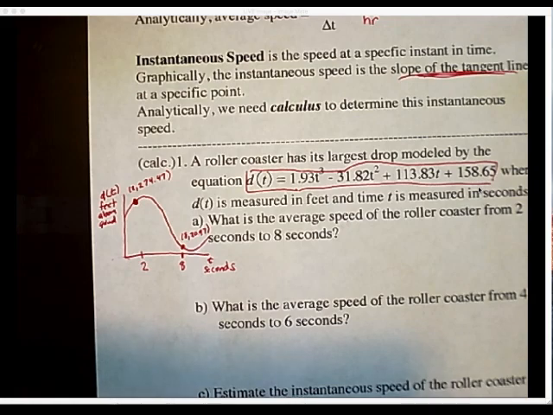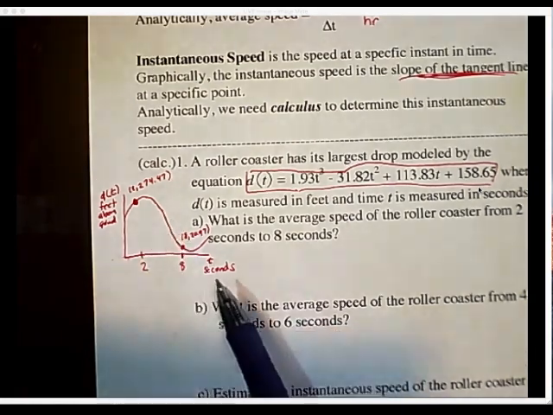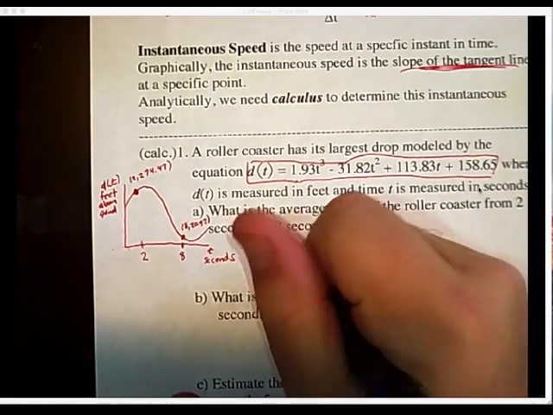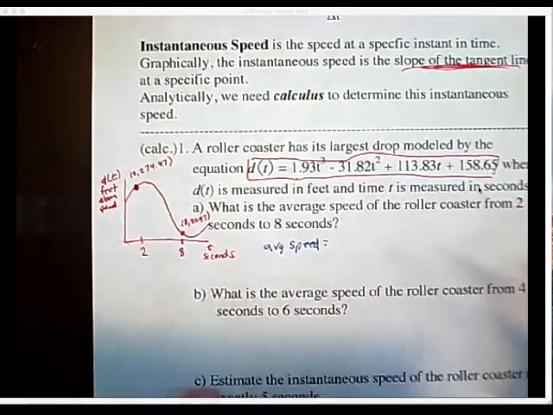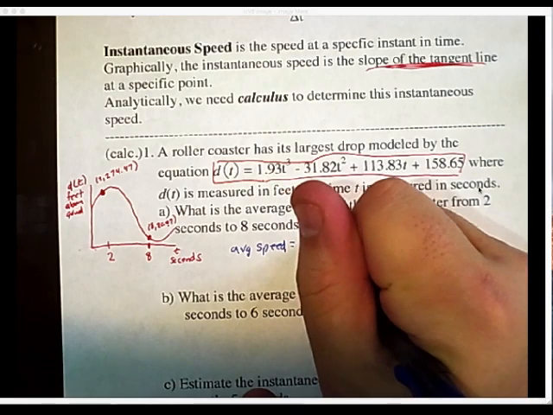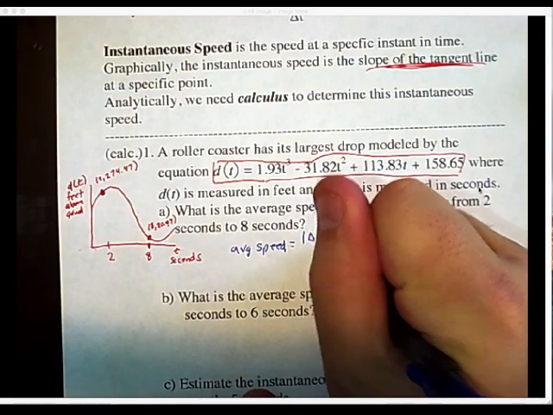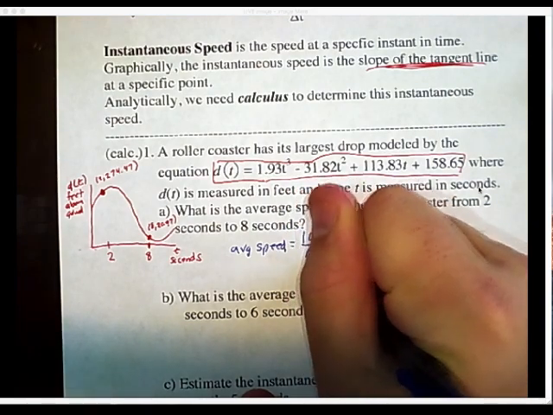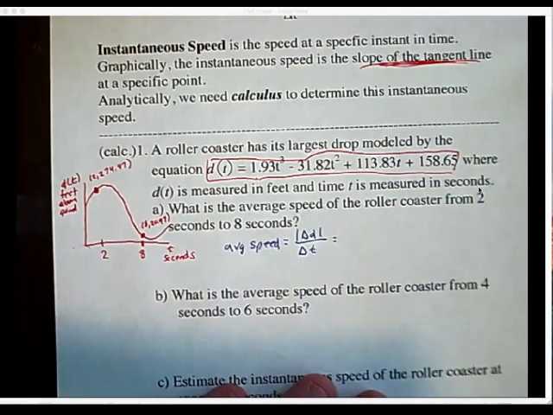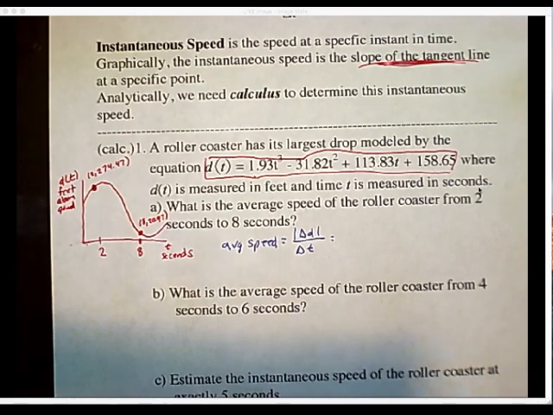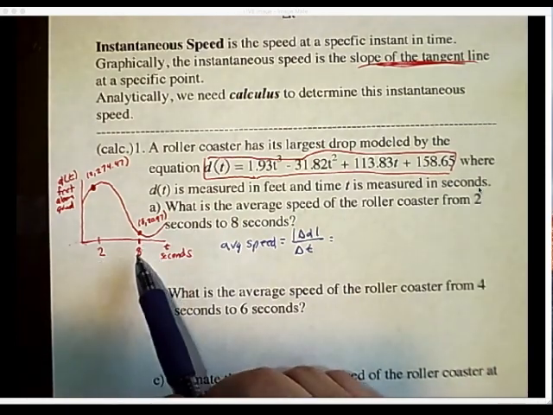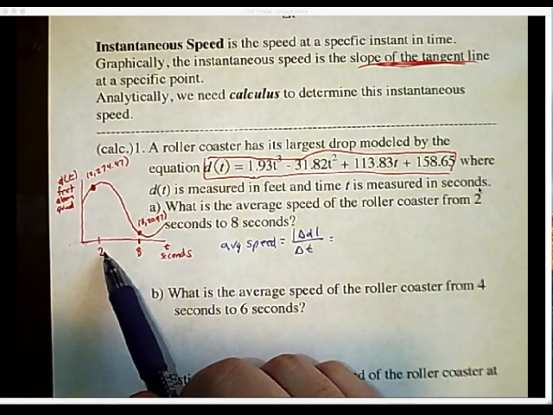So I want to find the average speed of this roller coaster. If I want to find average speed, I can use that formula above. It's the absolute value of change in distance over change in time. So if I think about this, I'm going to start with the bigger minus the smaller.